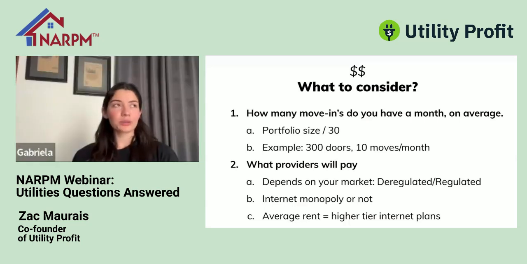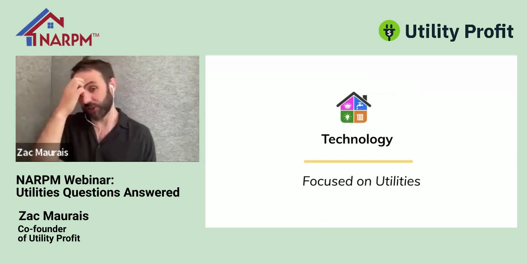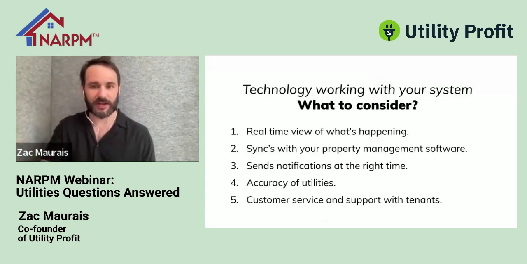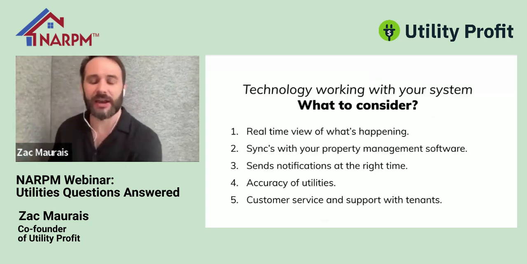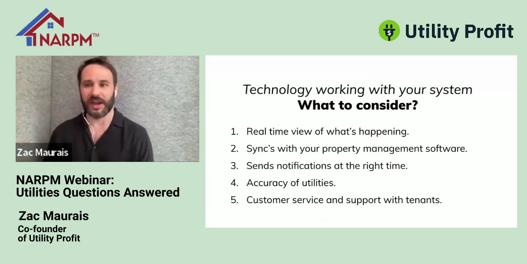And what are the current challenges that Utility Profit faces, and how are you tackling those? Maybe I'll talk about that in this technology section. We are a tech company. I'll talk about some of the things that are really important to us that we are solving for as we're scaling.